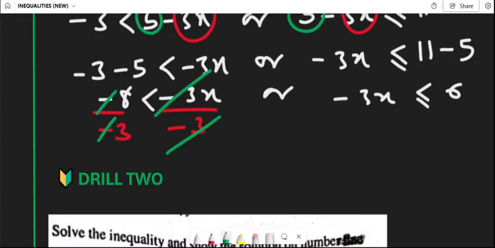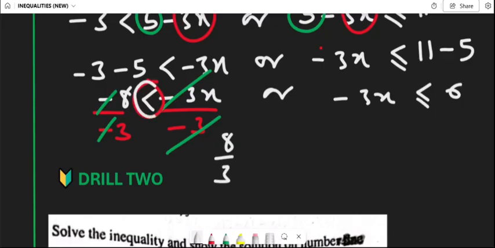Now recall something very important we need to know. Anytime you are dividing with a negative sign of the variable x, you will make sure that the inequality sign goes upside down, or opposite. So here we have 8 over 3.